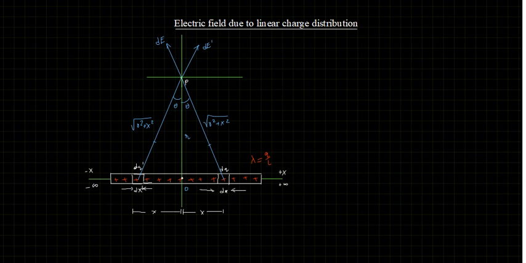Now we can resolve these vectors dE dash and dE into two components. We can break each into two perpendicular components, this one as well as this one, and dE also into two perpendicular components.